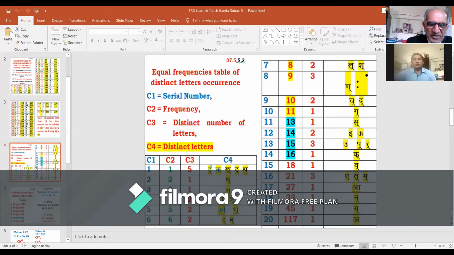The letters in column 4 are those letters whose occurrence values are the same.